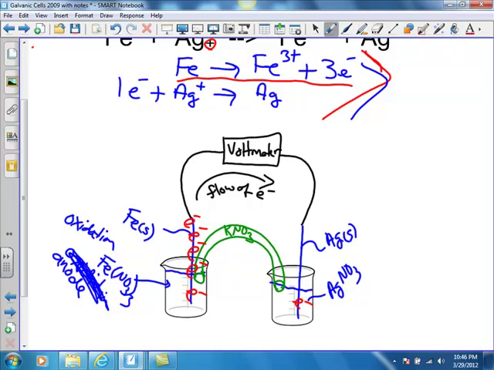And over here, that silver is gaining the electrons, and we see that right there. So this is the reduction side, and that would be the cathode. So that's how we draw galvanic cells.